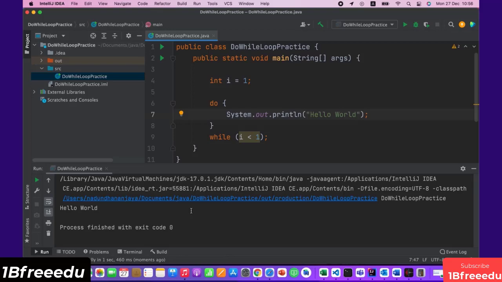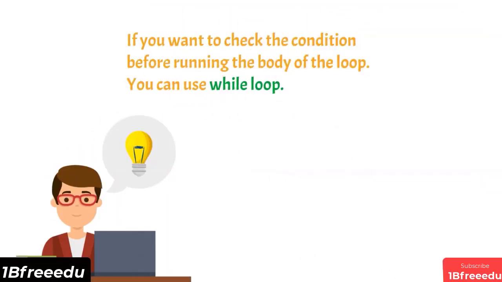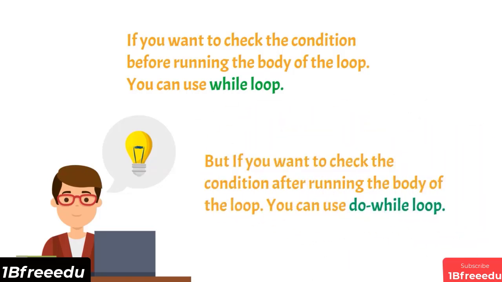Okay, that is the do while loop. So if you want to check the condition before running the lines of code in the loop body, you can use a while loop. But if you want to check the condition after running the lines of code in the loop's body, you can use a do while loop. It depends on your requirement. Okay guys, in this video we discussed the do while loop.